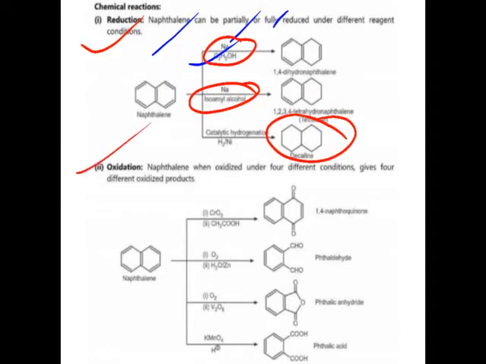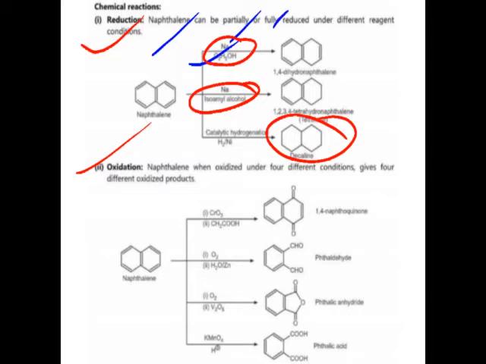Now the second reaction is the oxidation reaction. So reduction means addition of hydrogen. What do you mean by oxidation? Addition of oxygen. So it may be addition of O2, or you can add only a single oxygen. So the second reaction which takes place is the oxidation reaction. So naphthalene when oxidized under different conditions gives different products.